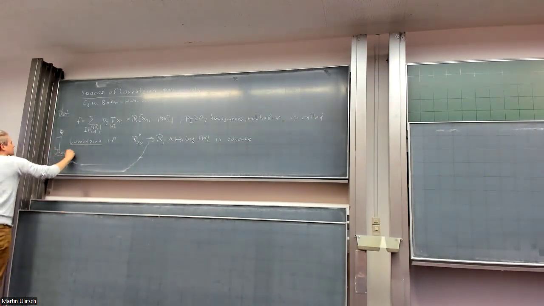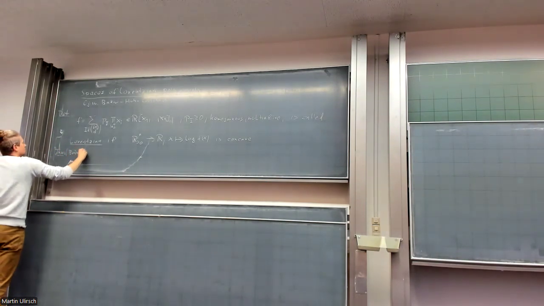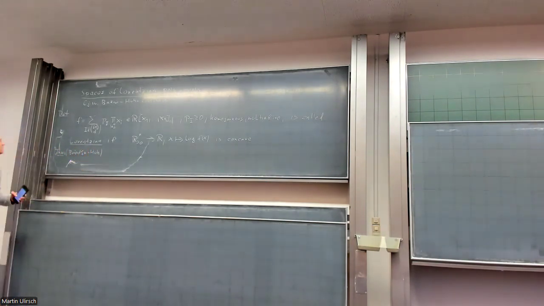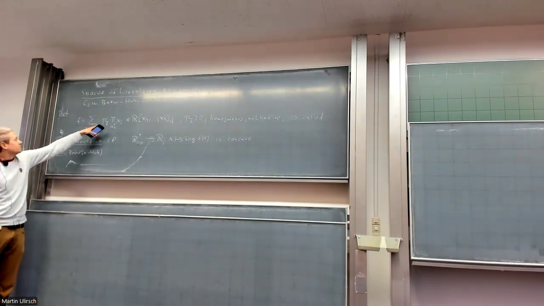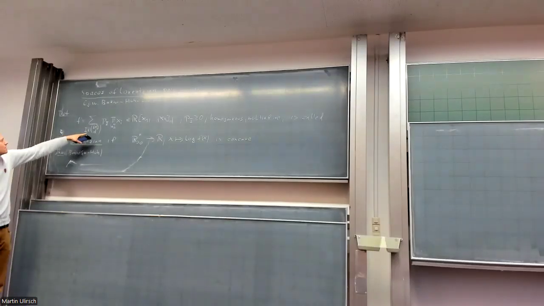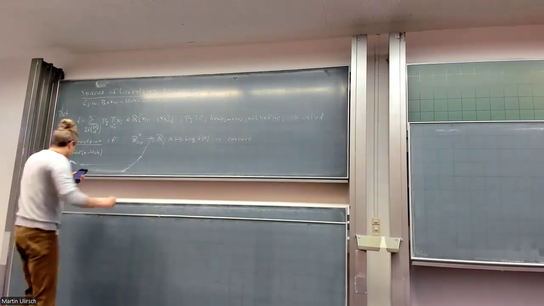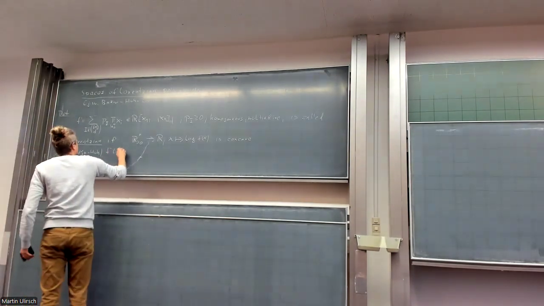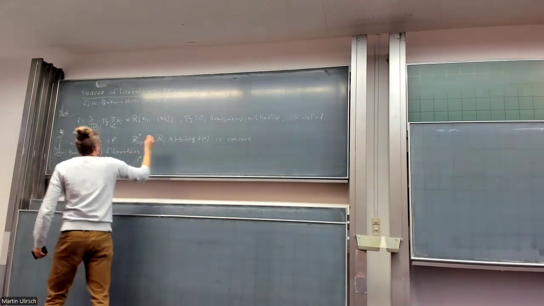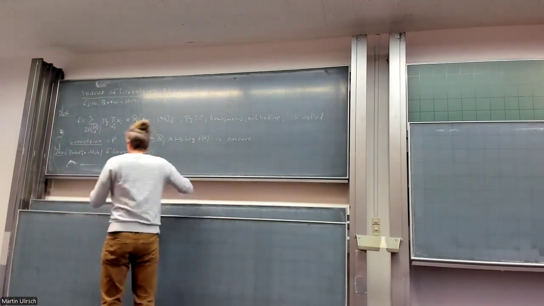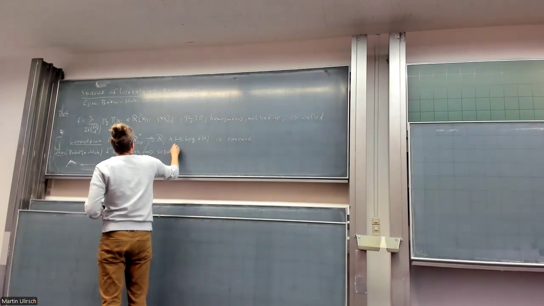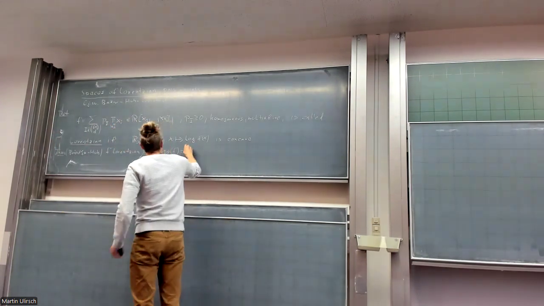matroids. So for example, we have the following result. So we have such a polynomial, and then we can look at the non-zero coefficients, or more precisely, look at those subsets for which the coefficient is non-zero. And this turns out to be a matroid, or set of bases of a matroid.